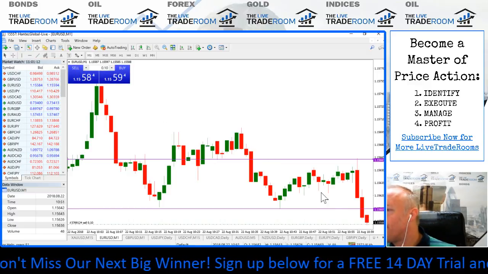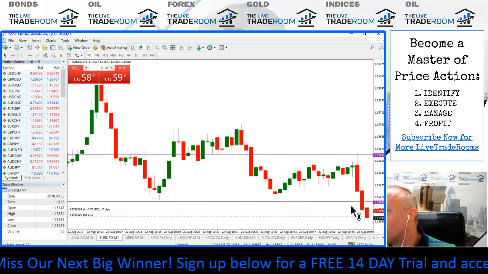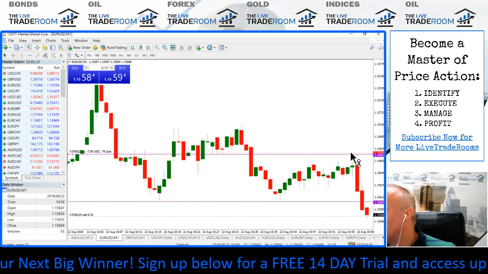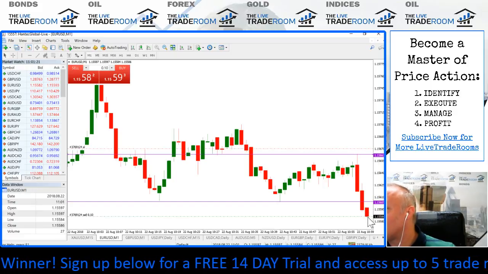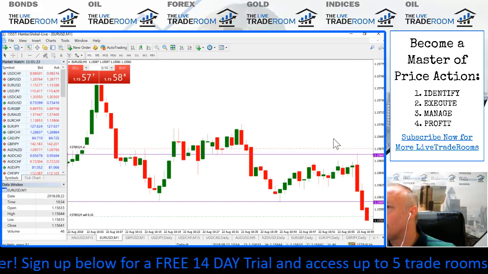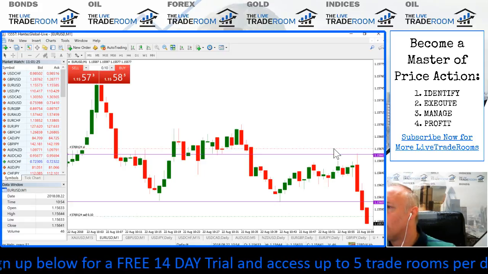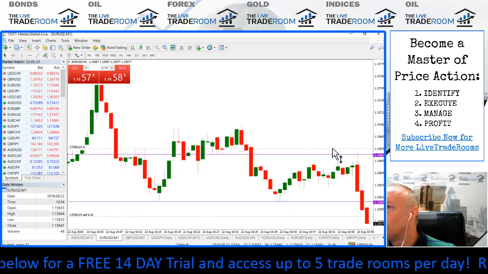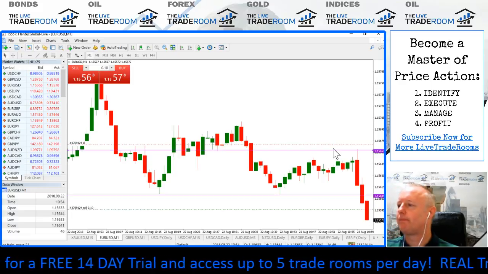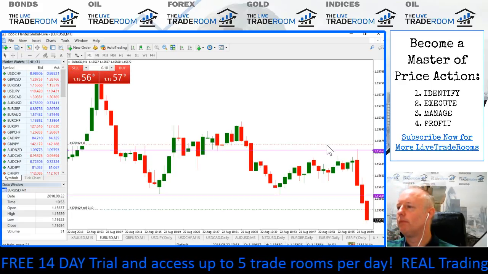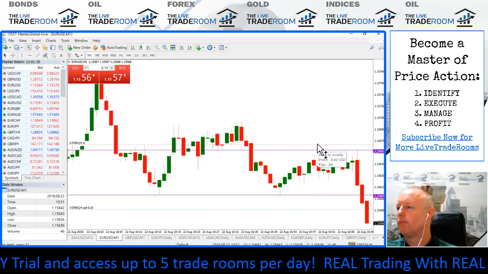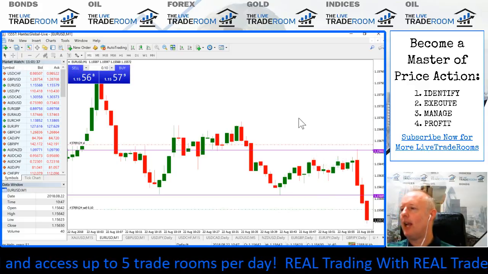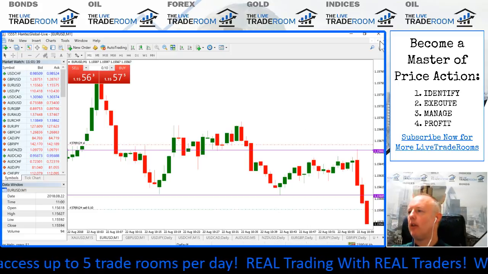Right, there we go. We're going to get into this market to the downside as well. 66, 67. So 1567 is our stop loss. So actually only an 8 pip stop loss in the euro dollar trade.